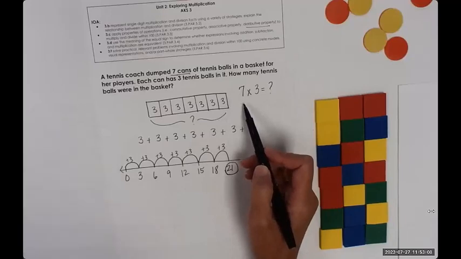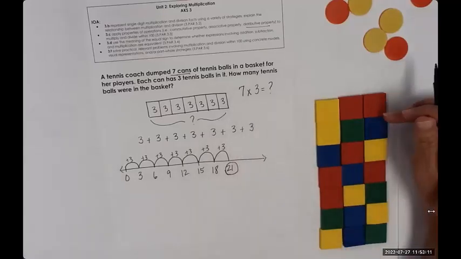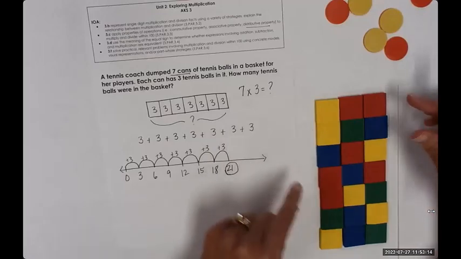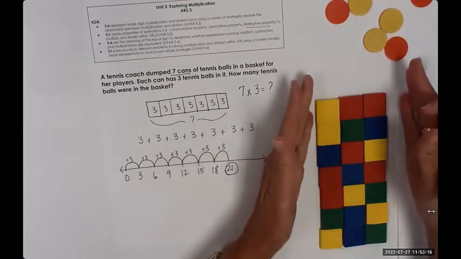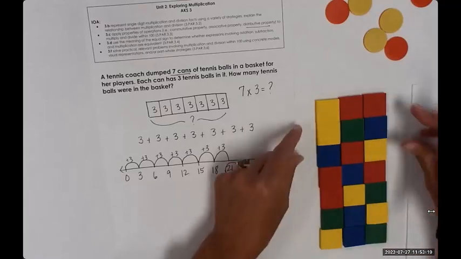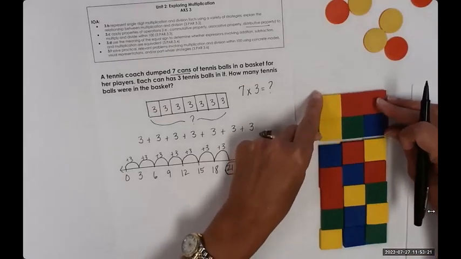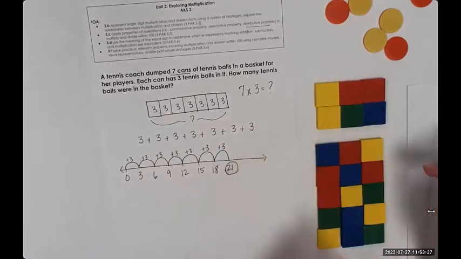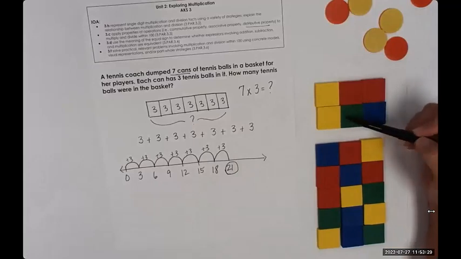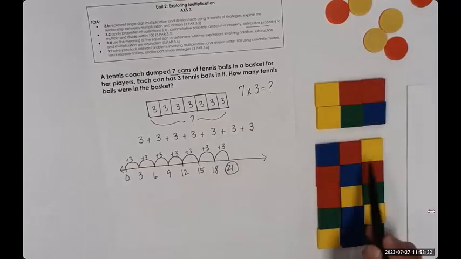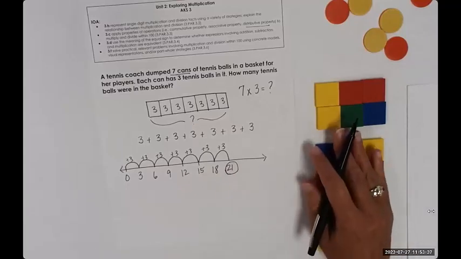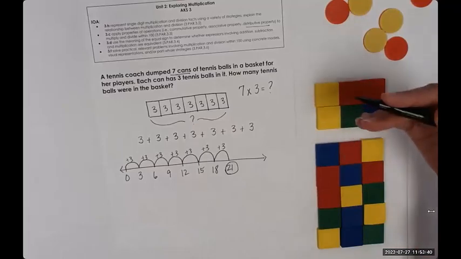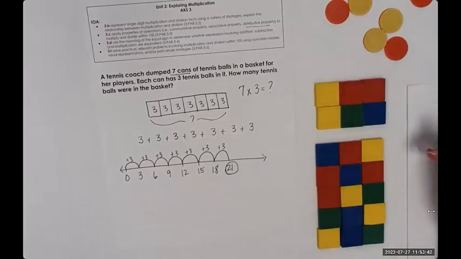So what that means is I can come over to my array and I can decompose this group of 7 into 2 groups of 3, and then that leaves me with 5 groups of 3. There's 1 group of 3, 2 groups of 3, and then 1, 2, 3, 4, 5 groups of 3 in this array. All we have done is decompose 7 into friendlier numbers to make our problem easier to solve.